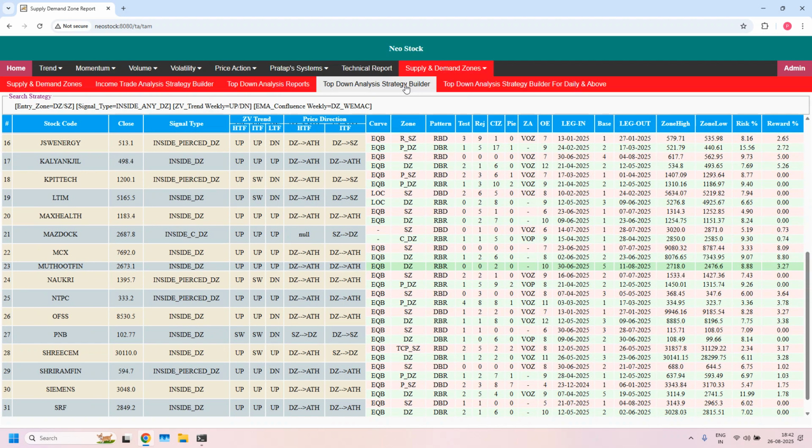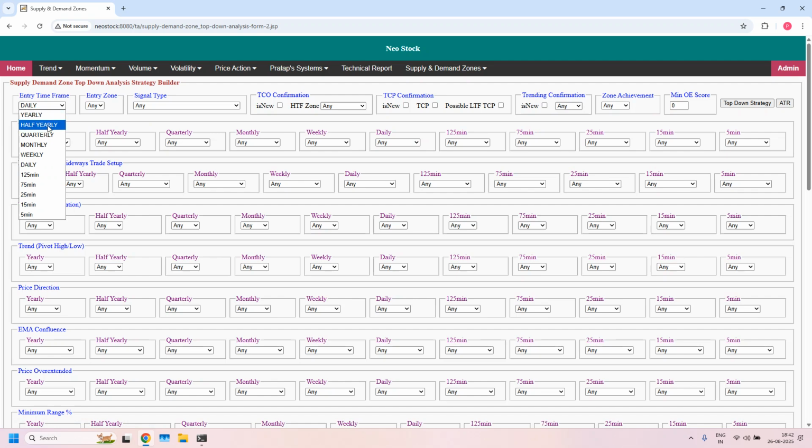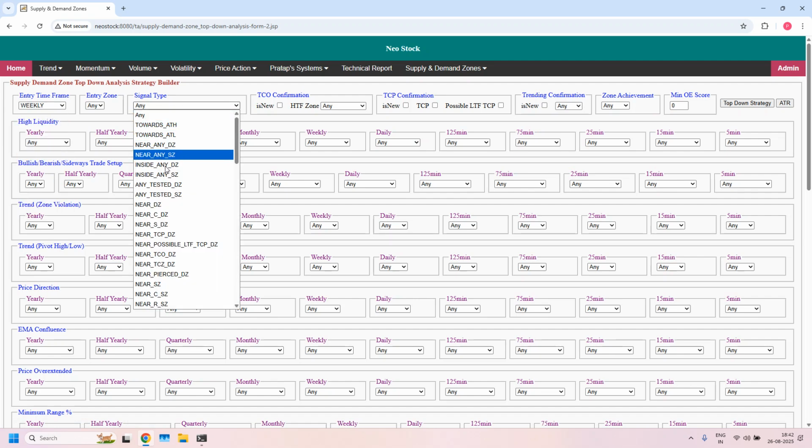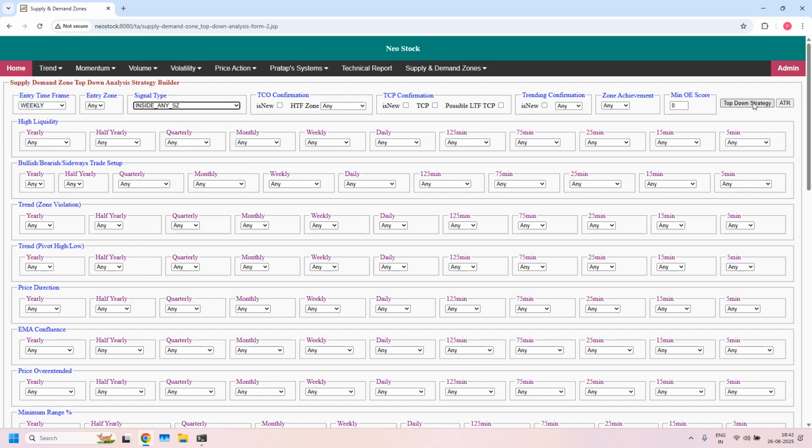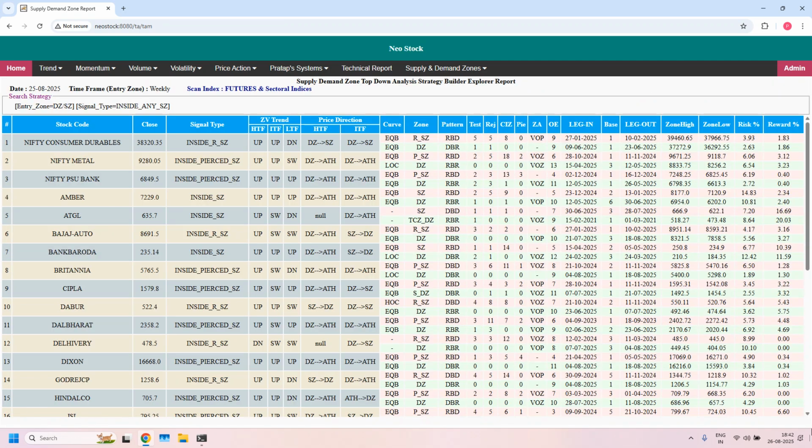Okay, next price closed inside the weekly supply zones. First 15 stocks in the list. Scrolling the list down.